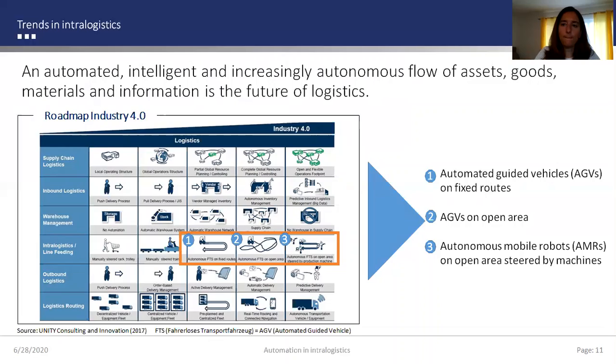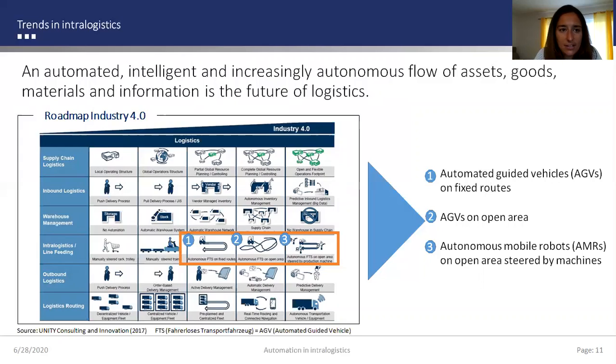We come from a system with fixed routes, and now we have AGVs with open areas and more possibilities to steer. And we're heading to a future with autonomous mobile robots, which can steer themselves.